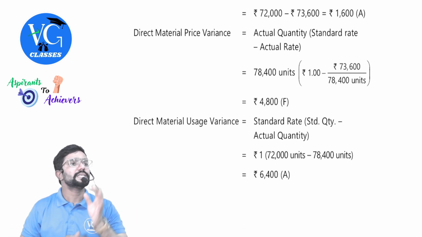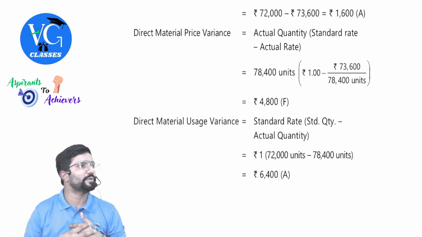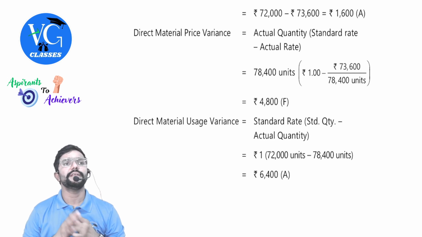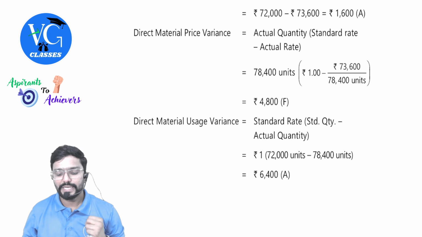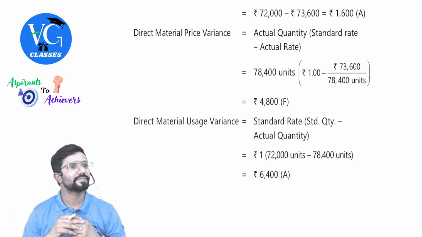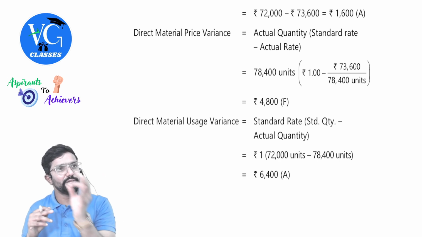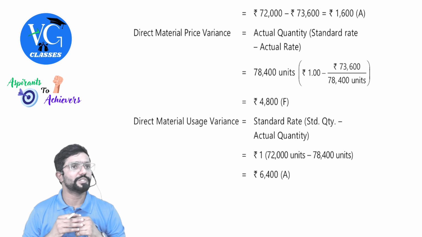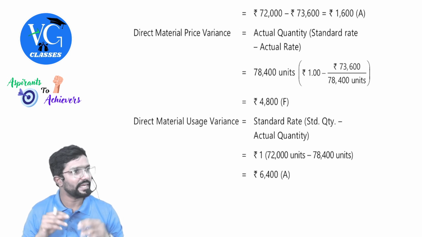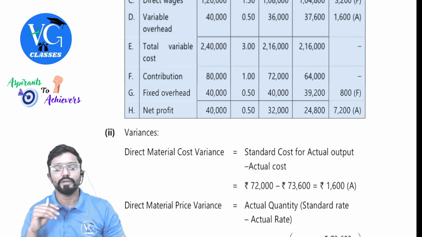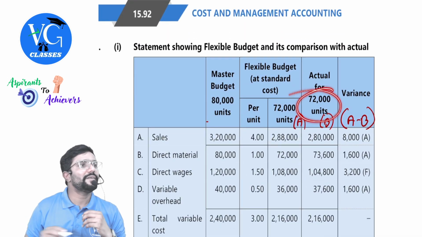What is the formula? Standard quantity for actual output minus actual quantity into standard rate. Standard quantity, have they given? In the question, check for 1 unit of output, what is the raw material to be used? 1 kg. 1 kg for 1 unit of output. What is my actual output? 72,000.